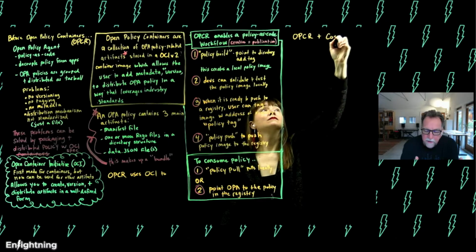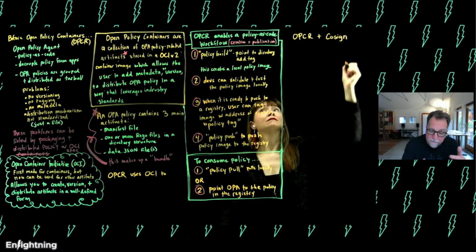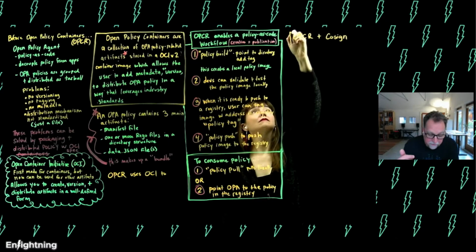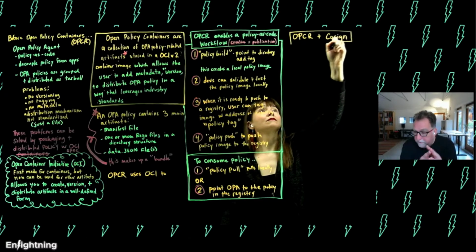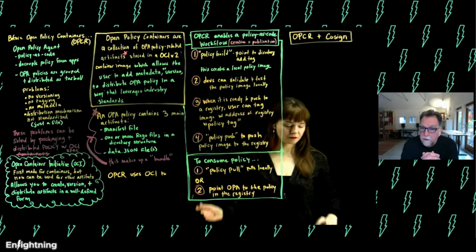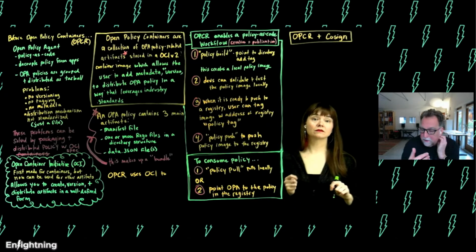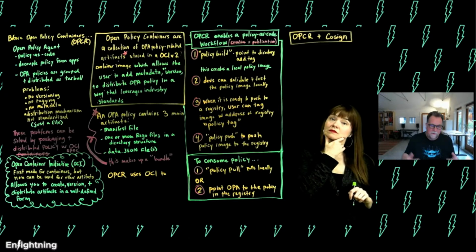OPA today has their own signing of artifacts that they had for a long time. Now, if you think about it from a security angle, this is a constantly evolving topic, right? And so it's a specialized field.